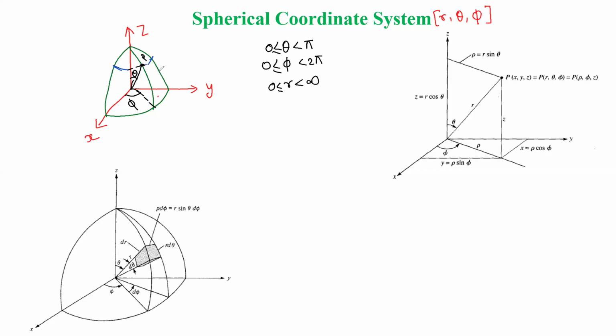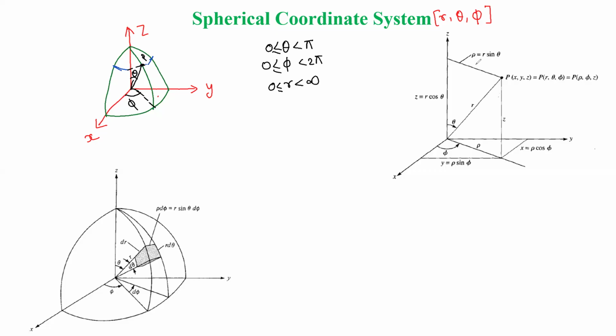In the same way, now we are trying to find the relation of one set of parameters in terms of another. That also we can find. How can we represent Cartesian coordinates in terms of spherical coordinates? That also we can write with the help of this diagram.